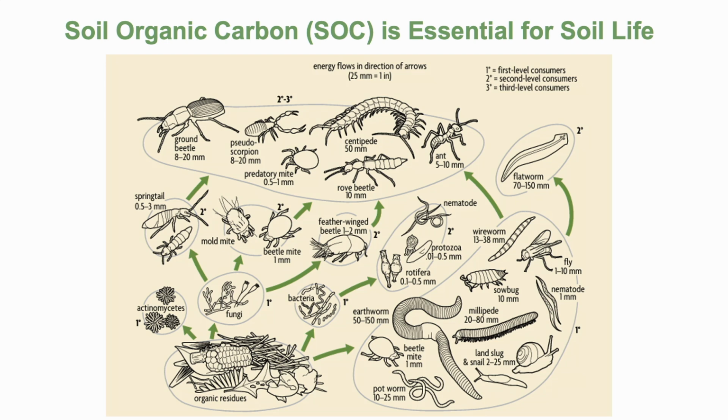But what we do know is that we want to encourage as much diversity in these systems as possible. So we want to make sure we have adequate, regular availability of soil organic carbon to drive our systems.